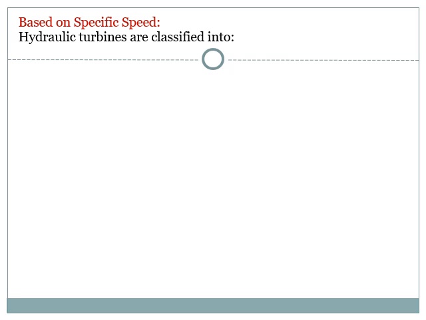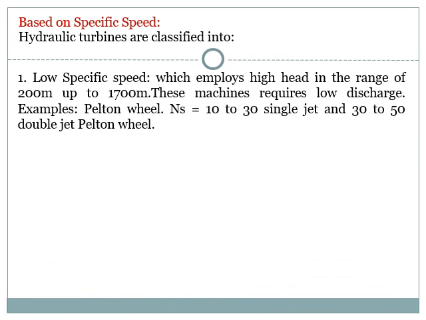Based on specific speed, the turbines are classified as low specific speed turbines, which employ high head in the range of 200 meters up to 1700 meters. Such low specific speed machines are also called high head turbines.